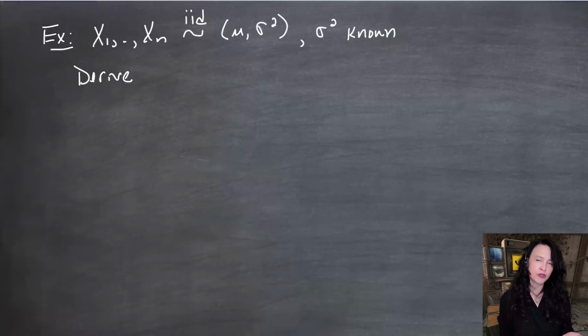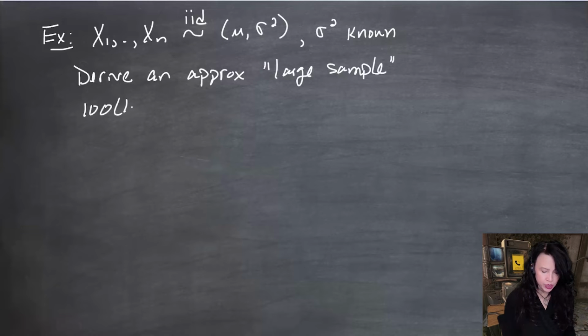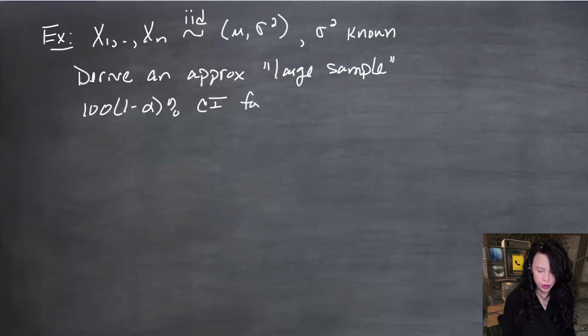Without knowing the distribution, we actually can't do this exactly. So I'm going to say derive an approximate large sample 100 times 1 minus alpha percent confidence interval for mu.